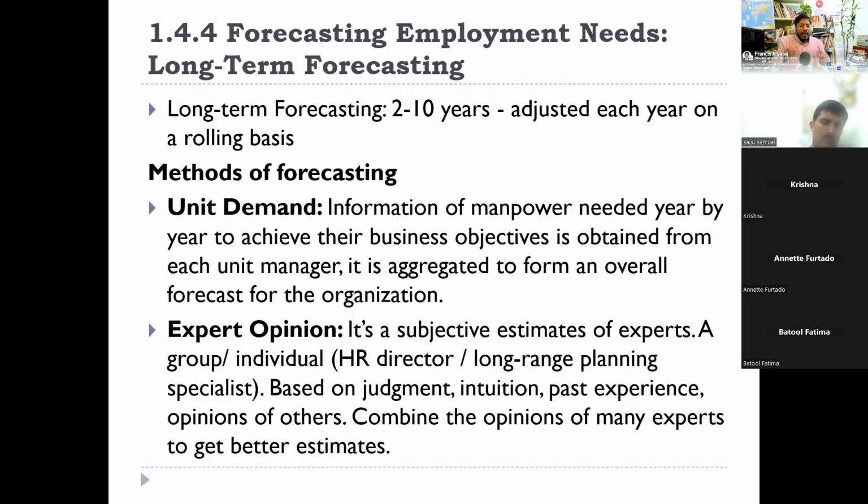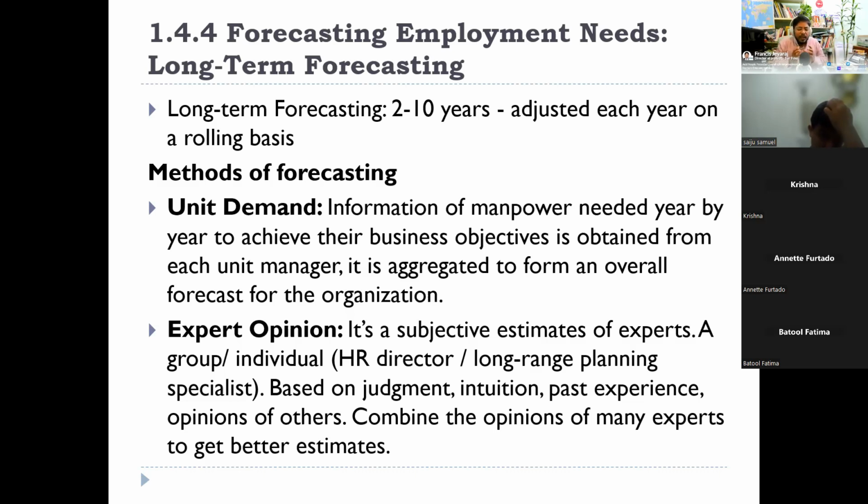For example, people like Batul having 10 years of experience in the same company, and people like her with 15 years, 20 years, can give you input from their mind, their intuition. This is a rule of thumb. They just say, I may expect 10 mechanics, foremen here, and like that. They give it out of their mind, the number of cashiers, all that.